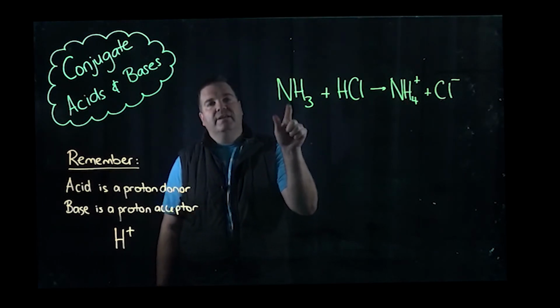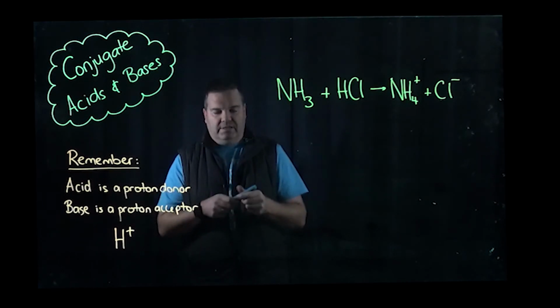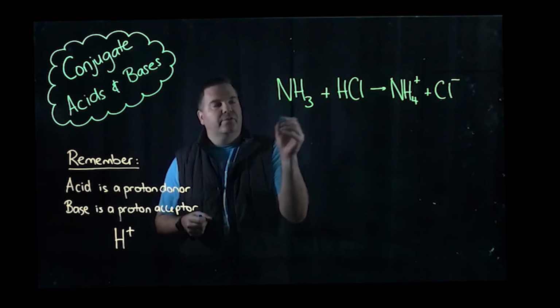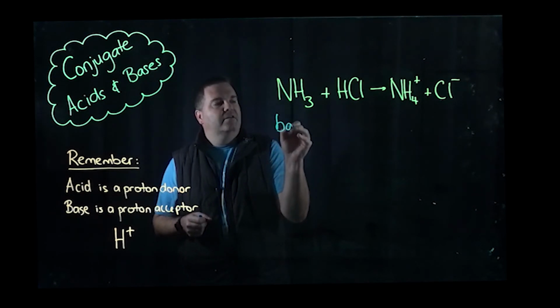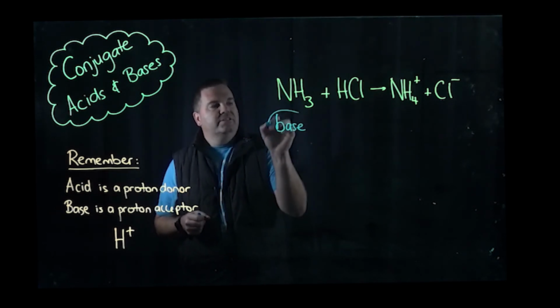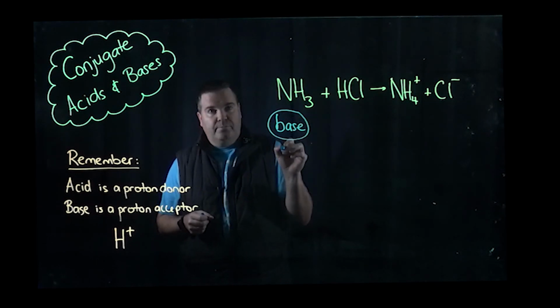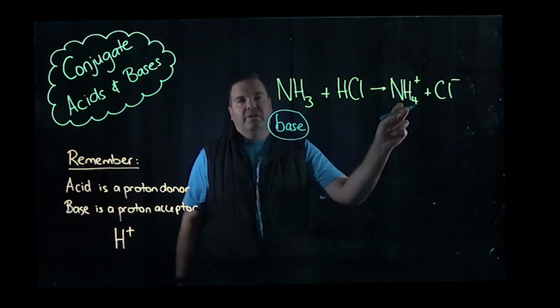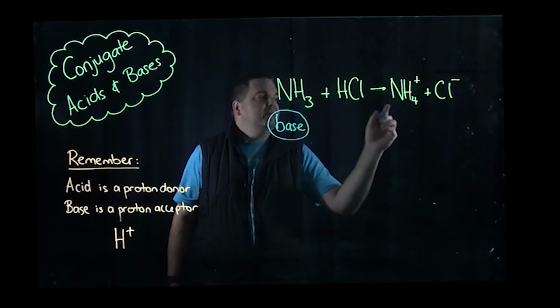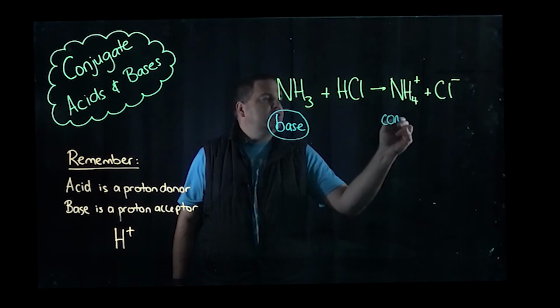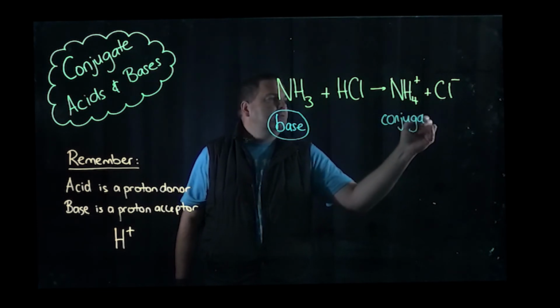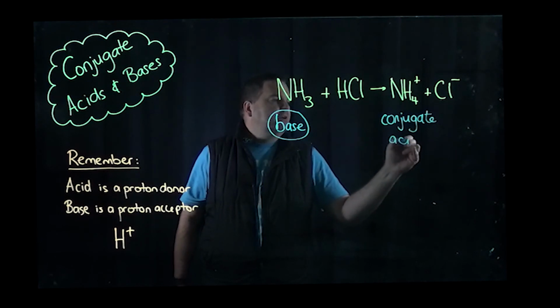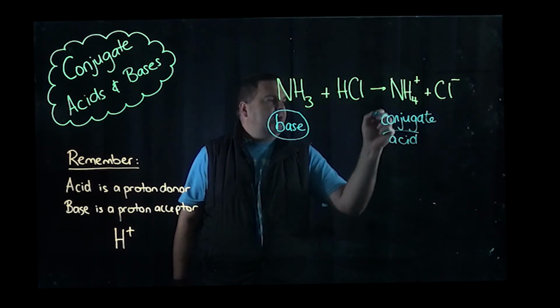It has a lone pair of electrons on the nitrogen, which is able to accept a proton. So this is our base, okay? This base accepts a proton to form NH4 plus. So this NH4 plus is our conjugate acid, okay? So these two are linked, okay?